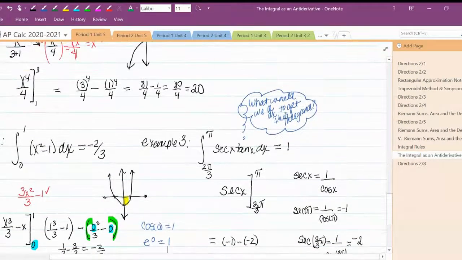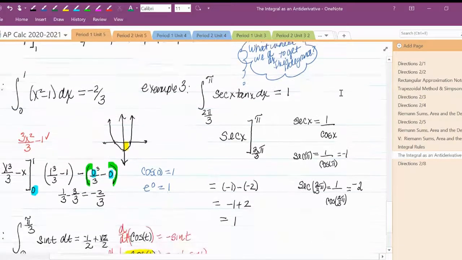Our next one here, we want to think to ourselves, what would we differentiate to get secant x tangent x? And it is the secant of x. And now we're going to evaluate it at the upper limit and lower limit. I like to think of secant in terms of 1 over cosine. So the secant of pi would be 1 over the cosine of pi, which will be -1.